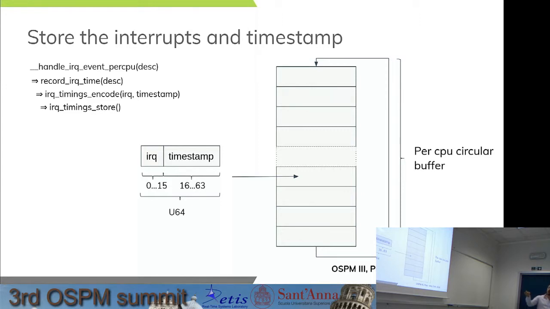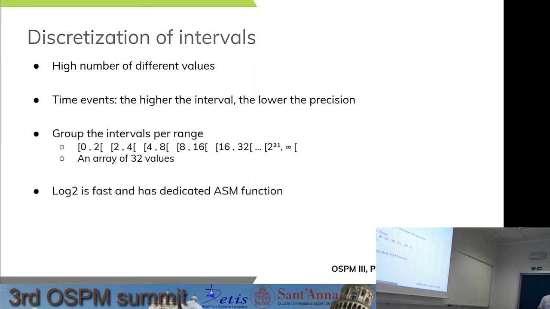So this tuple is stored in a single 64-bit variable in a circular buffer. That means the more recent event will overwrite the oldest event. And when we reach the idle time, we have to do things in different steps.